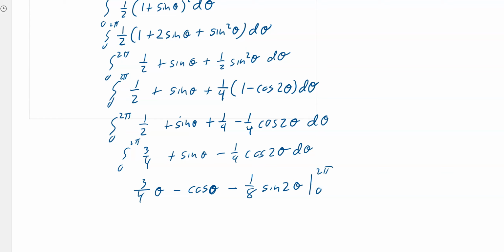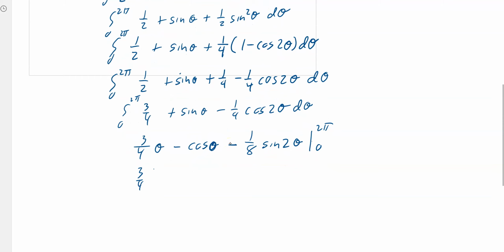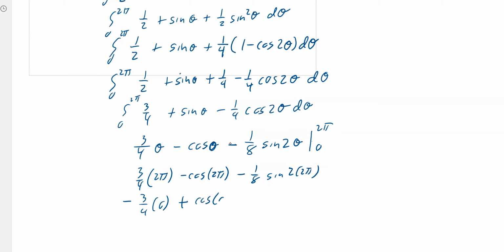Let's double check: the derivative of sine 2 theta is cosine 2 theta times 2, which cancels with the 8 to make a 4. Everything looks good. Now we have 3/4 of 2 pi, minus cosine of 2 pi, minus 1/8 sine of 2 times 2 pi, and then minus 3/4 of 0, plus cosine of 0, plus 1/8 sine of 0.